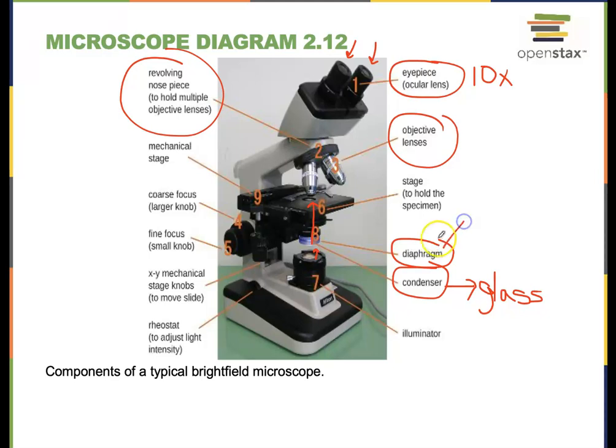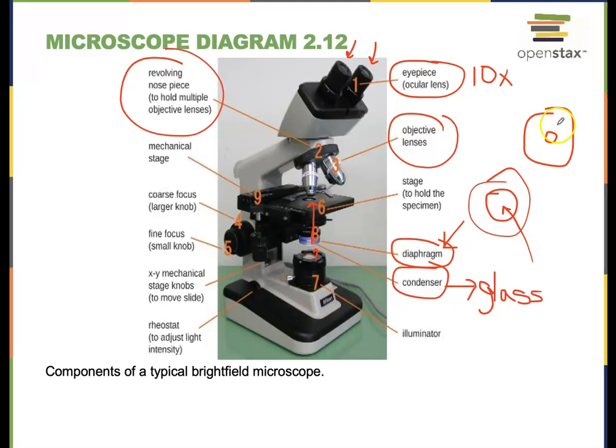The diaphragm is a piece of plastic that has a hole in it. It looks like a piece of plastic with an opening, and the light goes through this opening. You can control the opening size, kind of like the irises of your eye. You can make it a really small opening, or you can have it big.